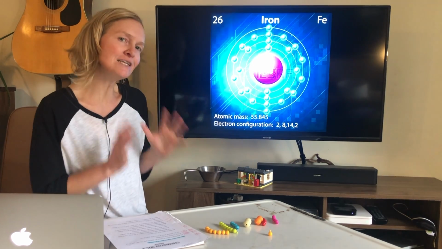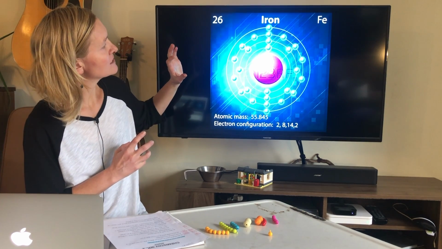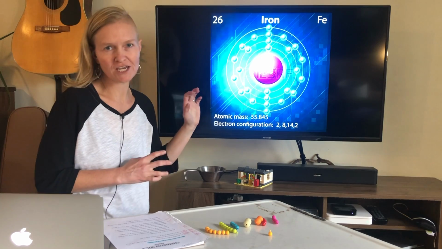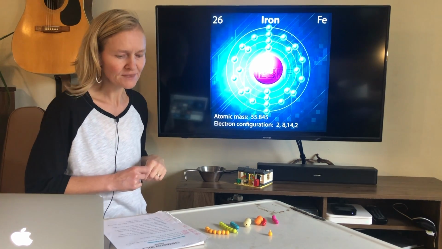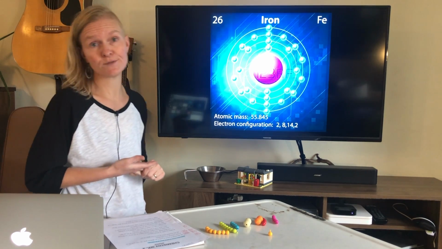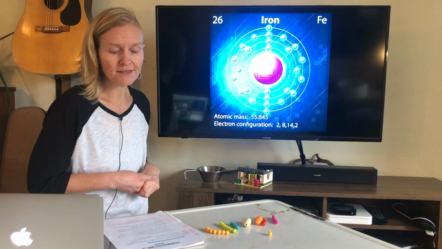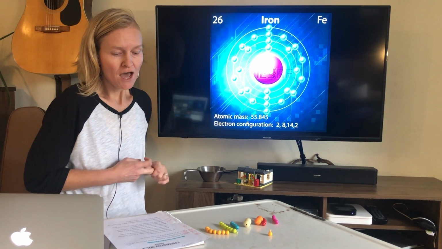That's different than in chemistry, and there's no genetic information in the nuclear region of an atom. Instead, the nucleus is made up of two types of particles: protons and neutrons.